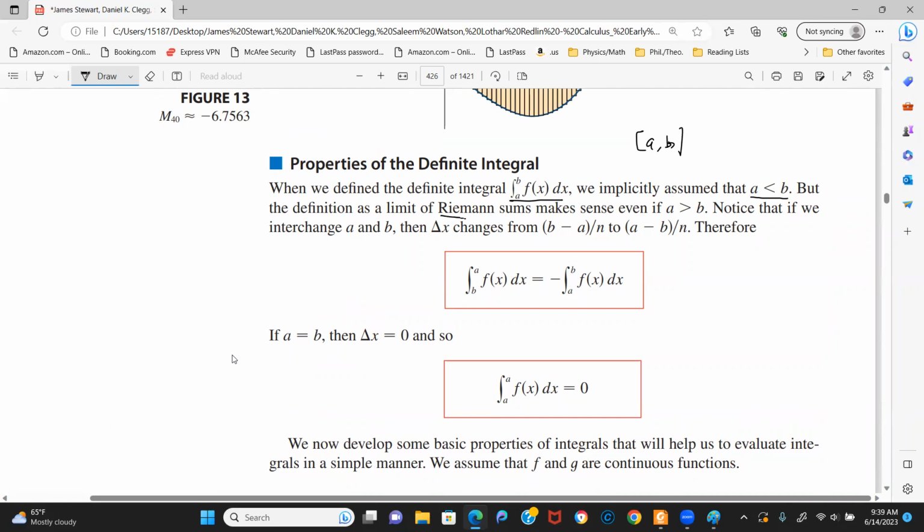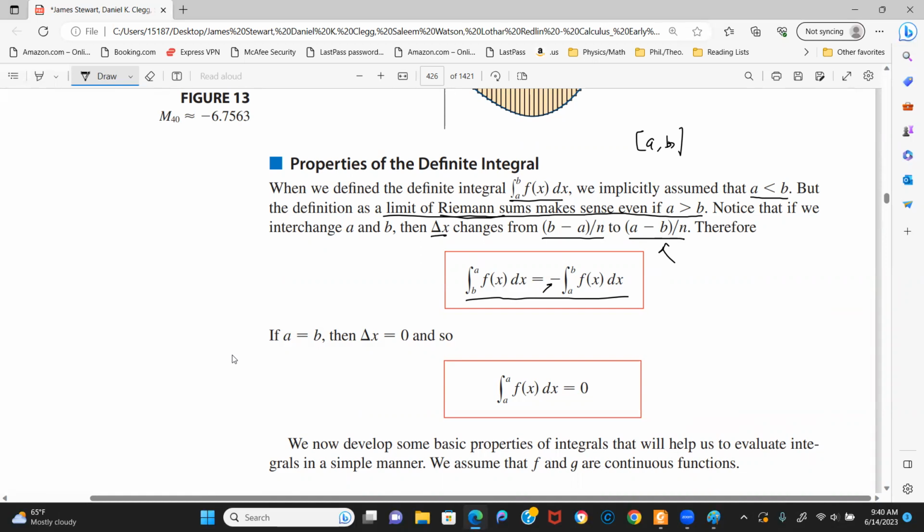But you can actually make sense of this limit of these Riemann sums even if a is bigger than b. In that case, delta x in the definition changes from this to this. Then you can factor out a -1 and you get this relationship right here. In other words, if you want to integrate from b to a, it's the same thing as integrating from a to b, but throwing a negative sign in there to reverse things.